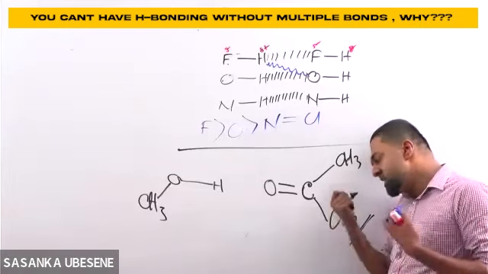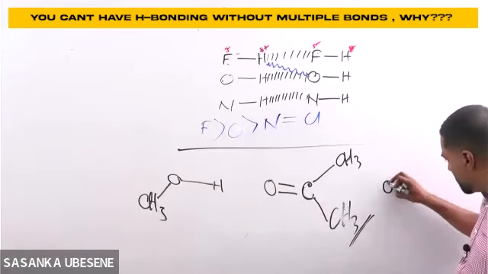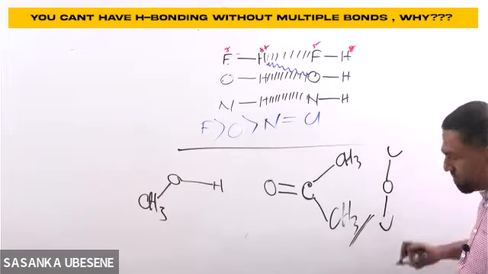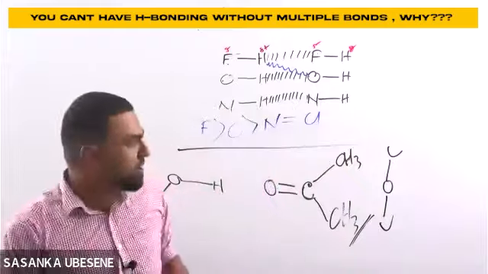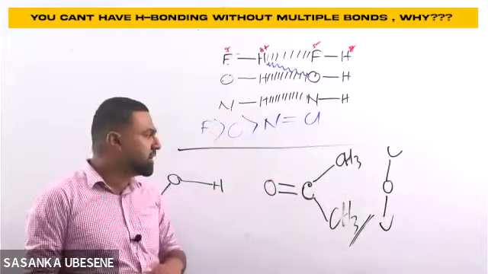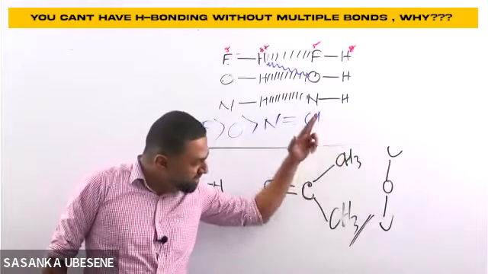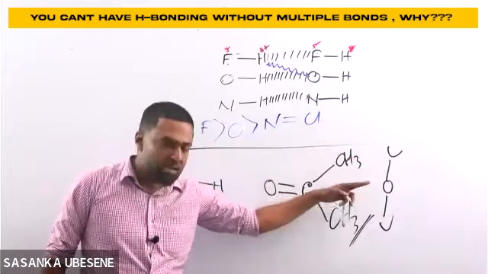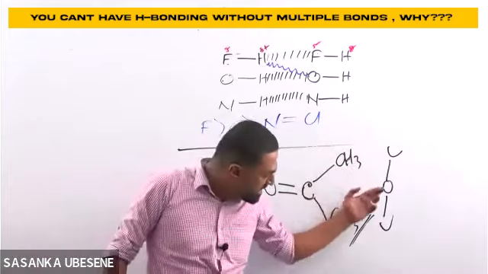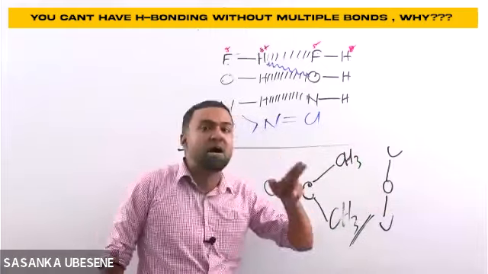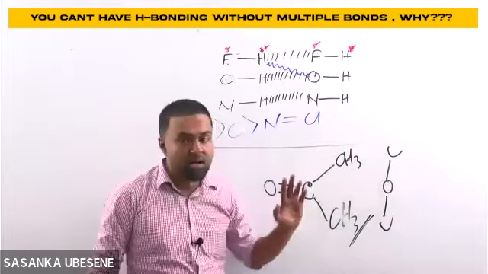Why? Say you have another molecule, oxygen attached with two carbon atoms, but they are single bonds. Here, this oxygen atom cannot produce hydrogen bonding because it is single bonded. A single bonded oxygen atom cannot participate in hydrogen bonding, single bonded to carbon.